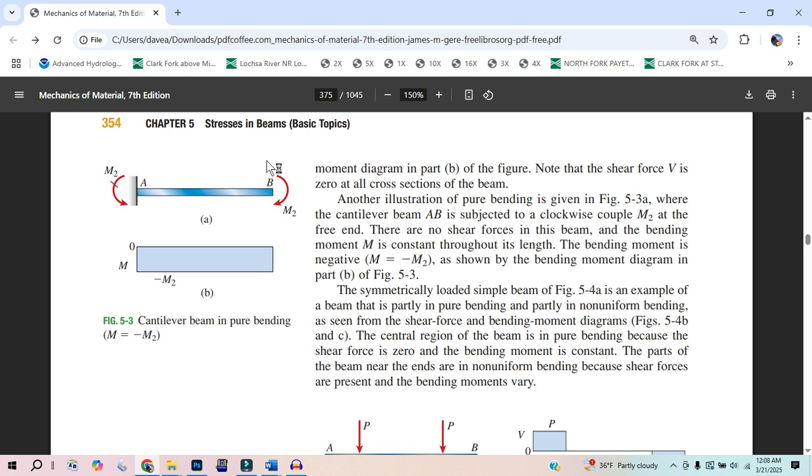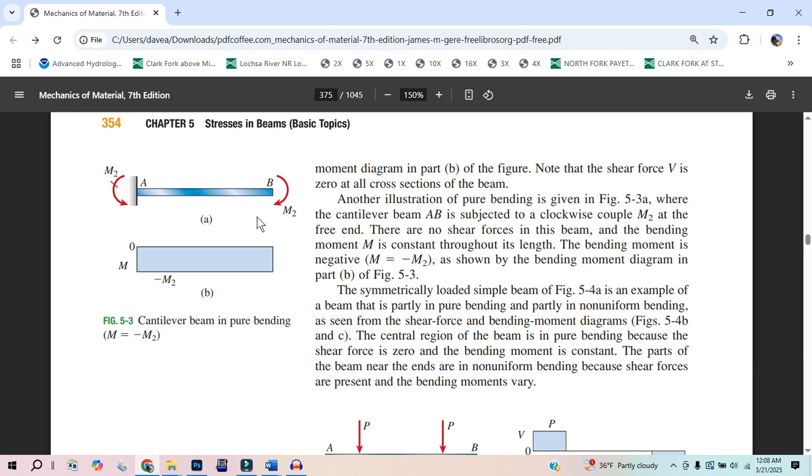It's on this side, and so that has a tendency to make this thing frown. When we do our shear and moment diagrams, we're just focused on moments for this video. If we have a negative, that means visually we're going to see something frown. And that's what we see in this cantilever.